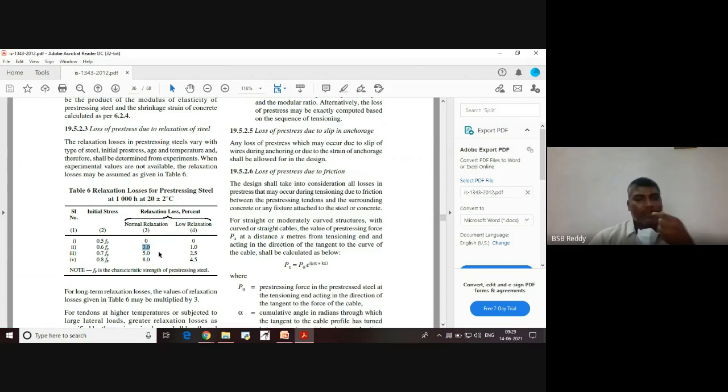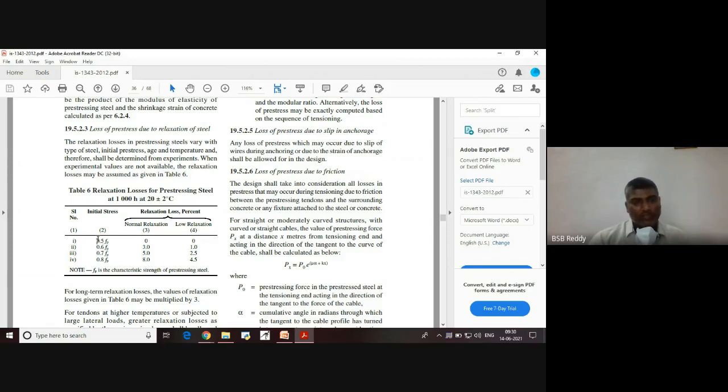So if you have, say, 1,000 megapascal induced as pre-stress, then 3% is the loss of pre-stress if the initial stress is 0.6 times the characteristic strength of steel. Okay, got it. So when the initial stress is higher, the loss is higher.